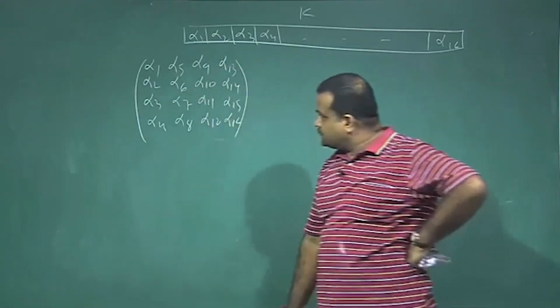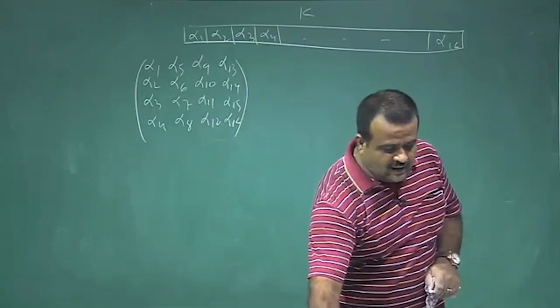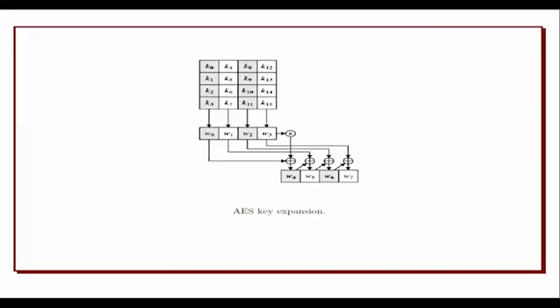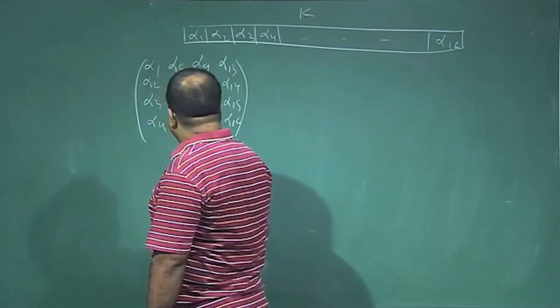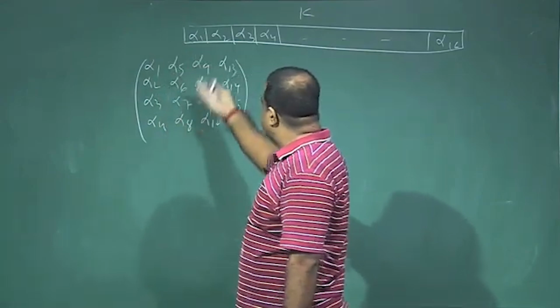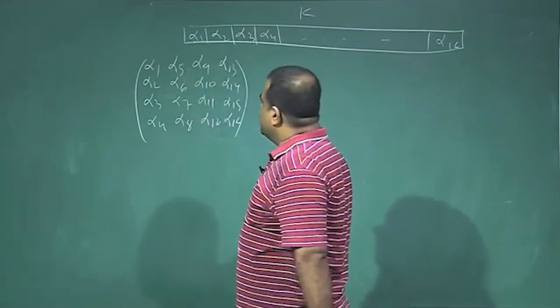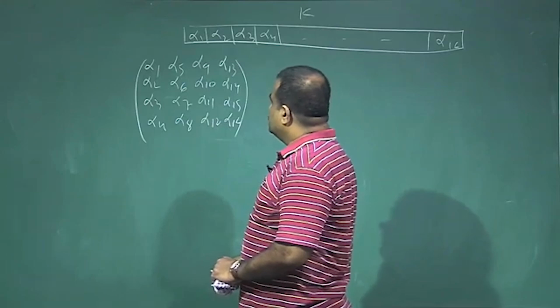Okay. So, this way we are storing this. We can denote it by k, k1, k2, but k we use for the round key, that is why we are denoting it by these alphas.